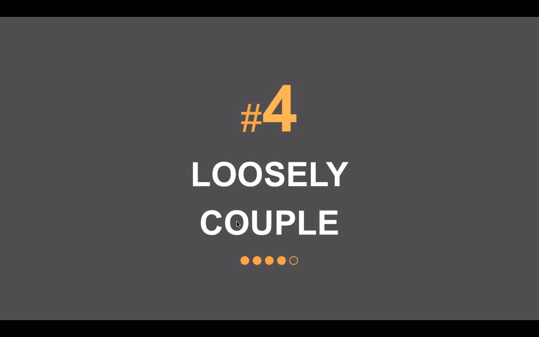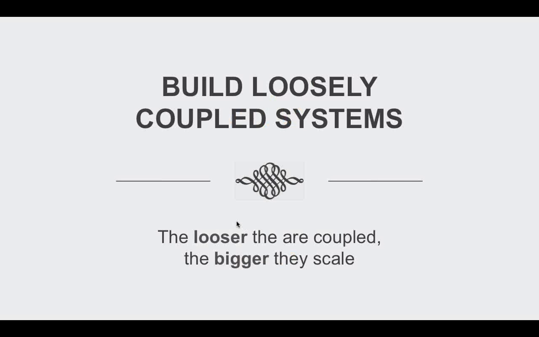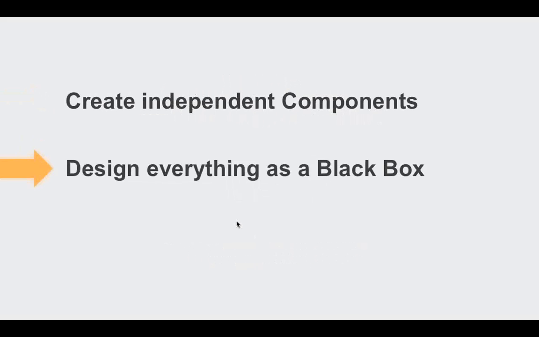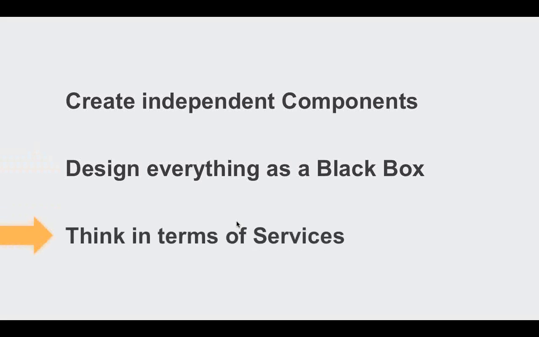Next is loose coupling. The rule here is that you really need to build loosely coupled systems, because the looser they are coupled, the bigger they scale, and the better fault tolerance they have. What you want to do is to create independent components. Design them as black boxes. So the idea here is that you make a component as a service.